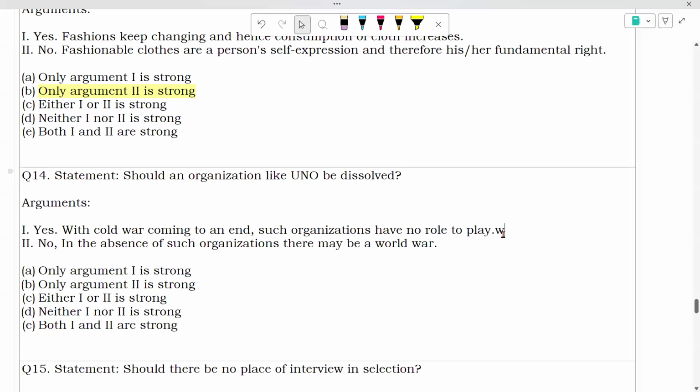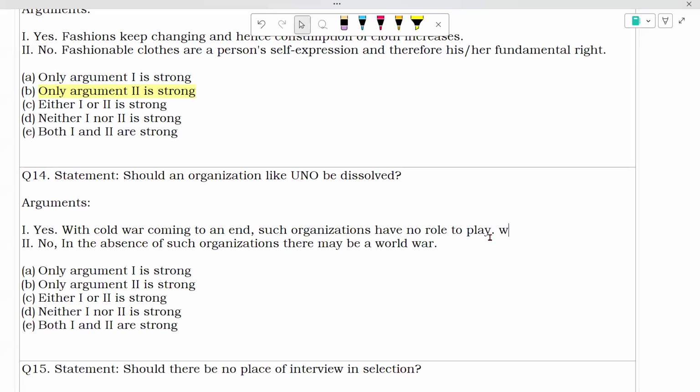Now tell me, is this strong or not? This is strong. Look, UN is not only functioning for preventing war. UNICEF is there, and there are a lot of organizations which work for development purposes also. So there is a role.